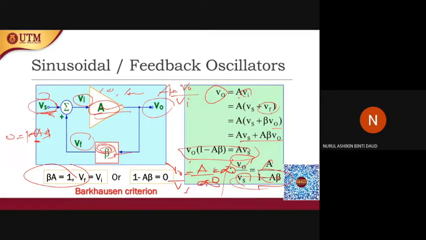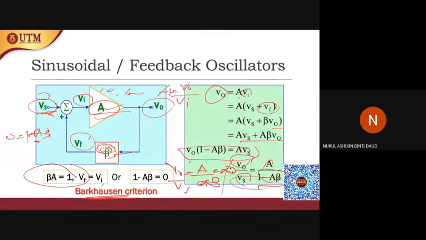What is the meaning of this infinity? It means that this oscillator will reach the Barkhausen criterion. Later on we will look at what the Barkhausen criterion is.